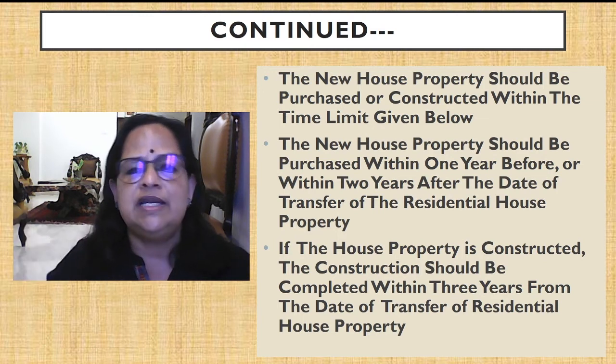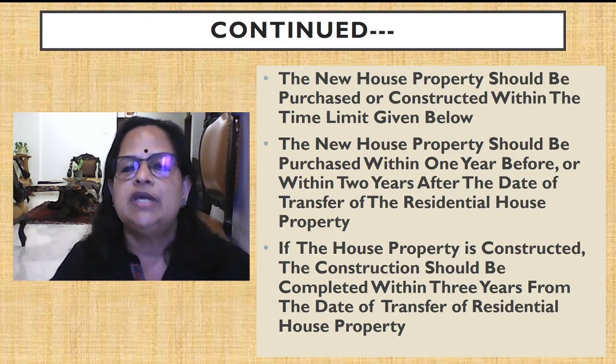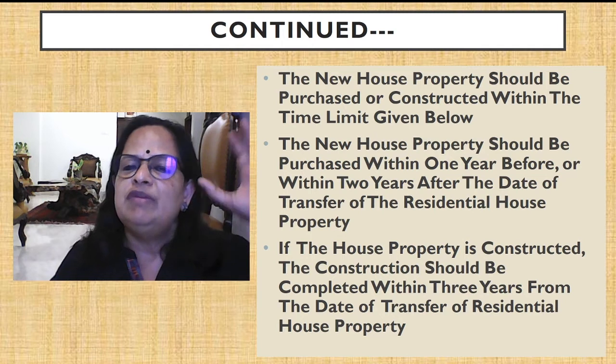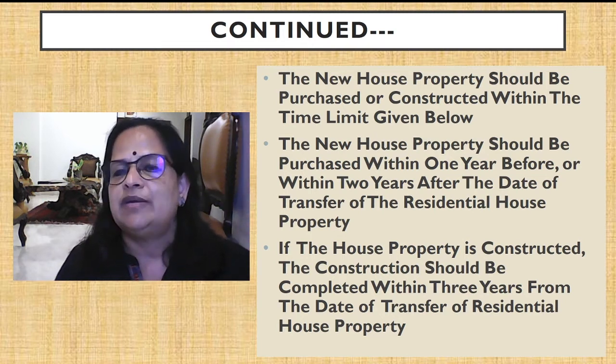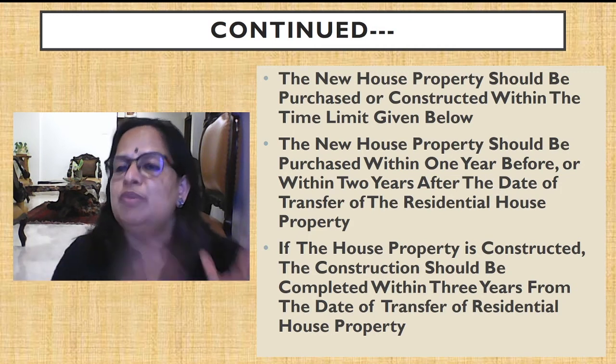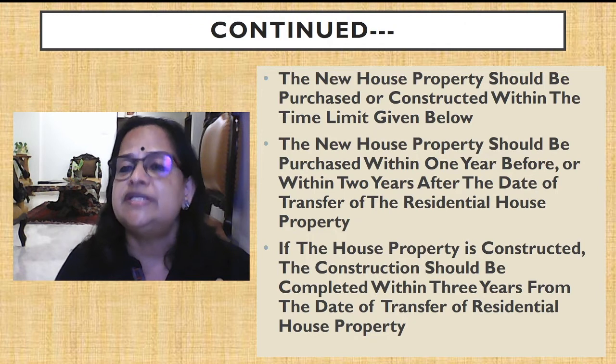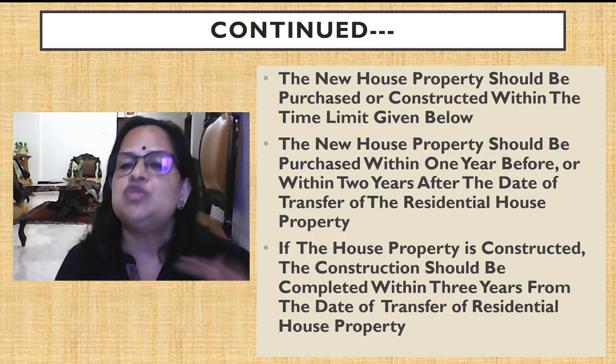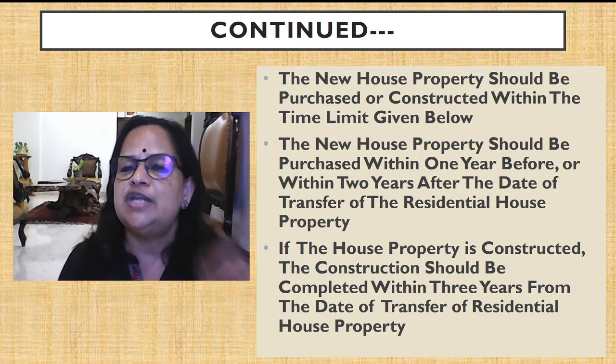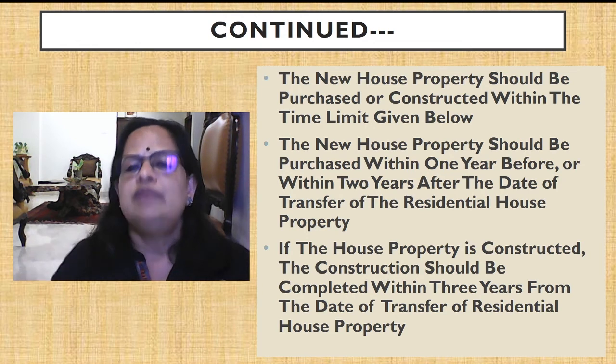Remember that still our property we have not sold. So we will go and book one apartment in that new building. That is 1 year before, because maybe only after 1 year we are going to sell the existing house property. So this is possible before 1 year. That is the condition of 1 year, or within 2 years after the date of transfer.